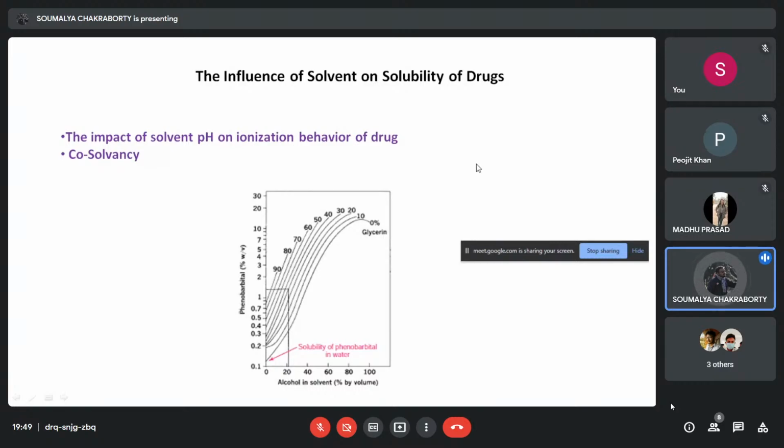When we are talking about a weakly acidic drug, at all pH below the acidic pKa of that drug, the solute will stay in unionized phase and its solubility will be very low. Beyond that pKa value, its solubility will be high because the solute will be in ionized state.